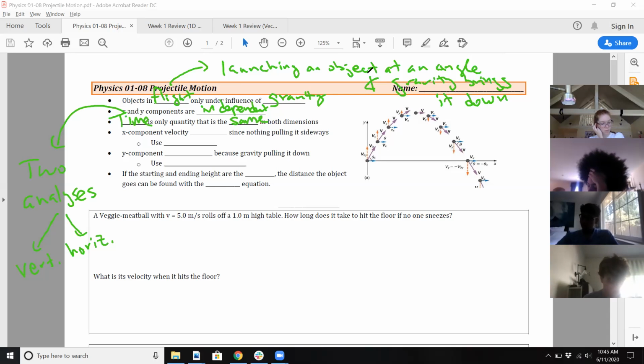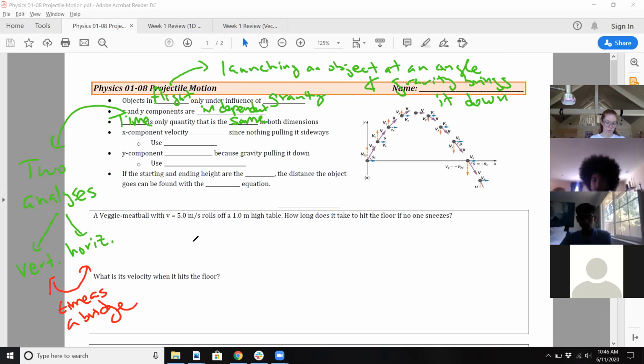So you can think of time as a bridge. Whatever time you get when you do your vertical analysis, you'll use that time for the horizontal analysis. So very important.